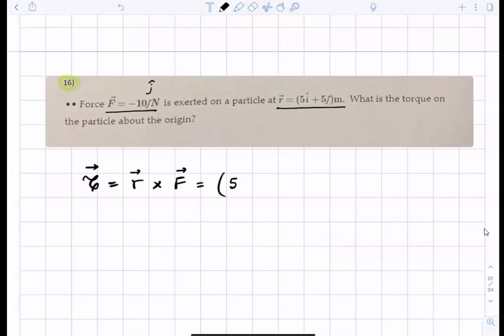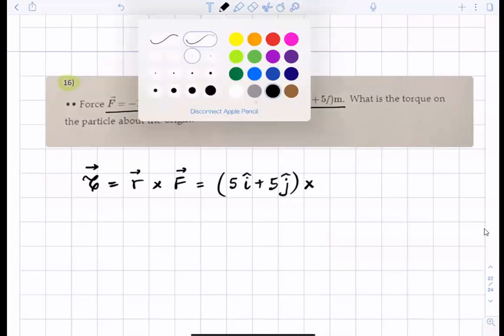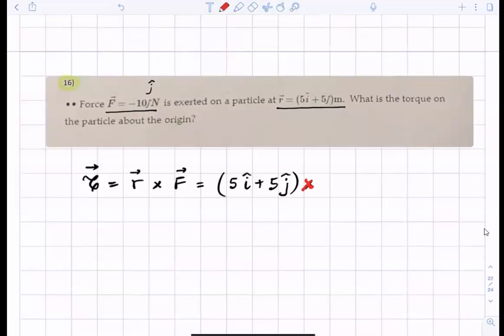You have 5 i hat plus 5 j hat. Remember, you're going to do a cross product, and you're going to multiply that with negative 10 j hat. Don't forget to put your units. Force is measured in Newtons, the distance is in meters, so as you already know, torque is Newton meter.